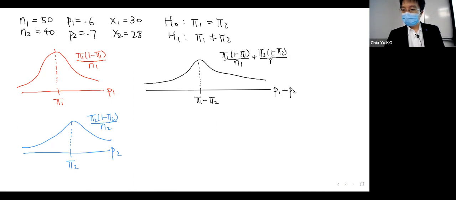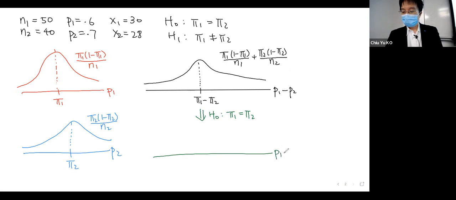Right, so this is what we have here. Under H null, what is H null? H null means pi1 equals pi2. So what we have is actually 0 here, and it's still a bell.